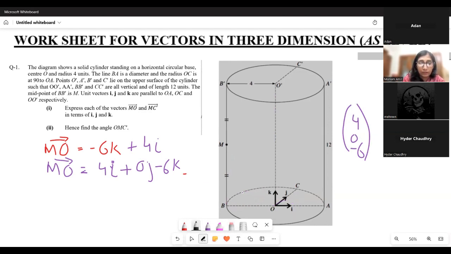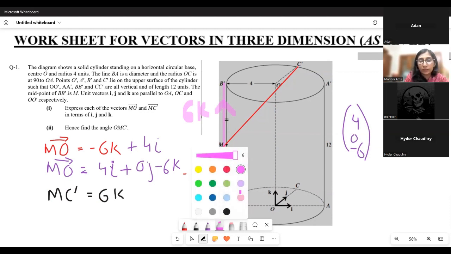Let's see. Here's M and here's C dash. We have to go from here to here. Now we also have to move in the J direction, so what do we do? Let's first go 6 units up, which is going to be 6K. So M to C dash would be 6K.